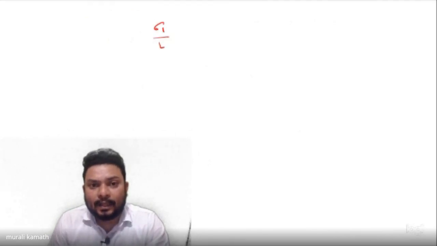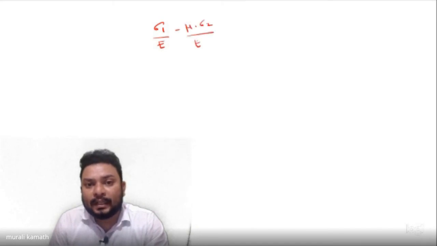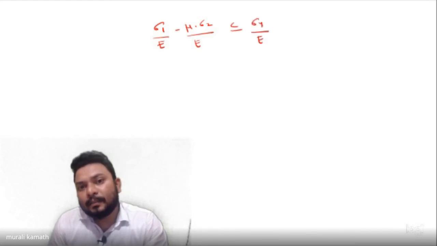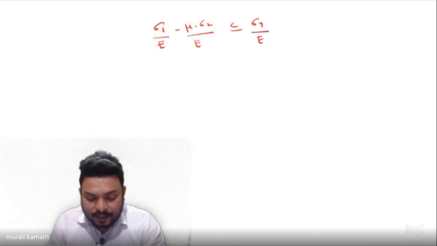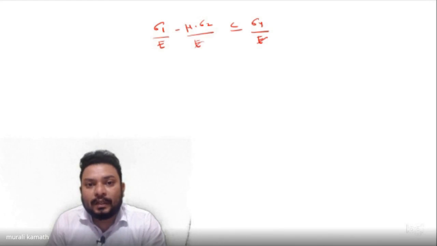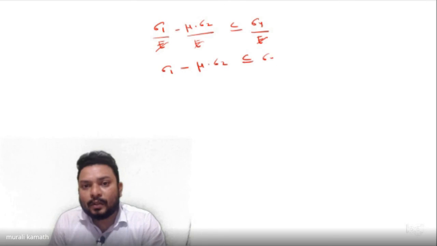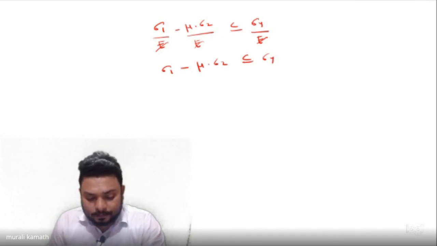So sigma 1, apply your applications of Hooke's law, sigma 1 minus mu times of sigma 2 by E less than or equal to sigma y by E, because we are not taking any 3D condition. So E will get cancelled. So sigma 1 minus mu times of sigma 2 less than or equal to yield strength, right?